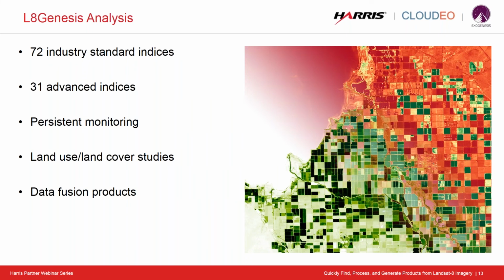With over 100 standard and advanced data products, L8Genesis produces many of the industry standard products that analysts are already using. But in addition to that, we offer several new and complex analysis products that are optimized for each of the 4 major phenomenologies. L8Genesis offers remote sensing and GIS professionals an array of novel and insightful index products that can be added to their analytics.